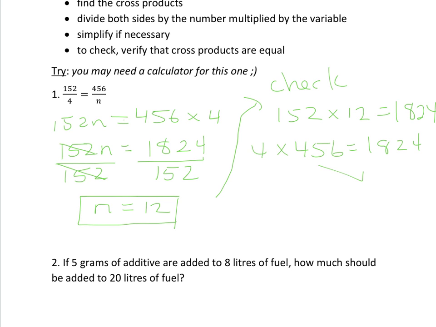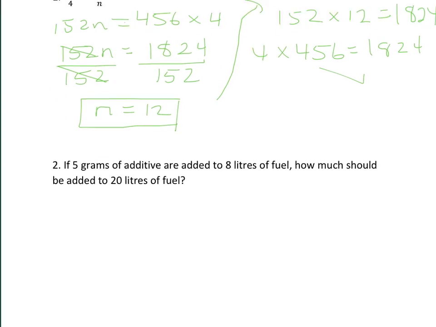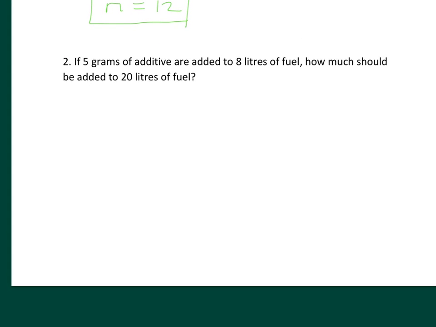Let's take a look at the next example. This one is a word problem, and it means that you need to set up the proportion in order to solve it. If 5 grams of additive are added to 8 liters of fuel, how much additive should be added to 20 liters of fuel?